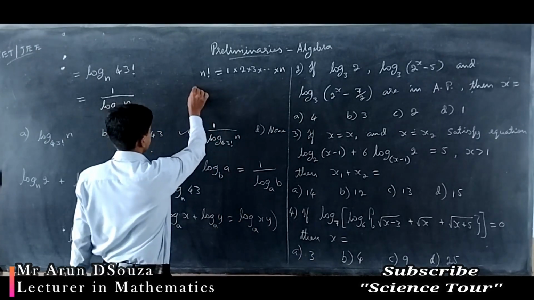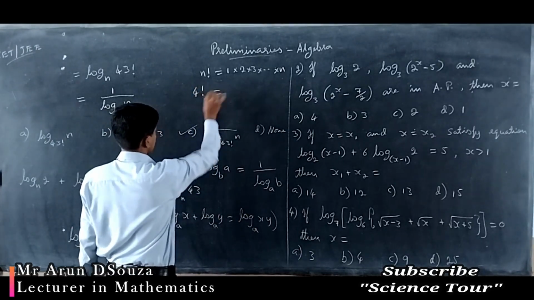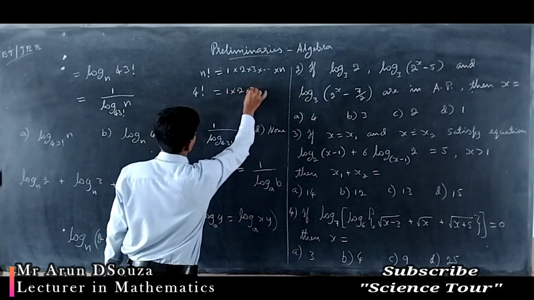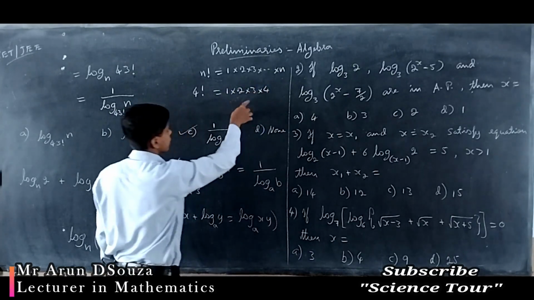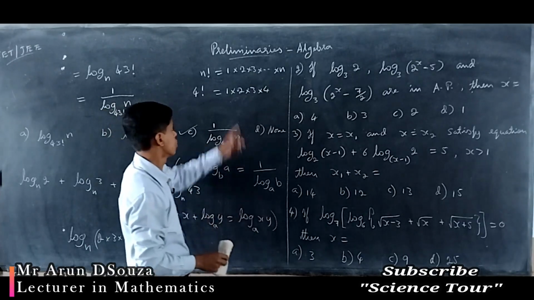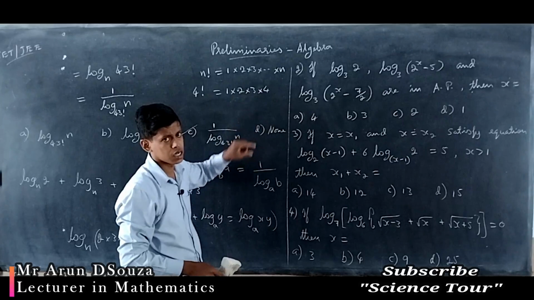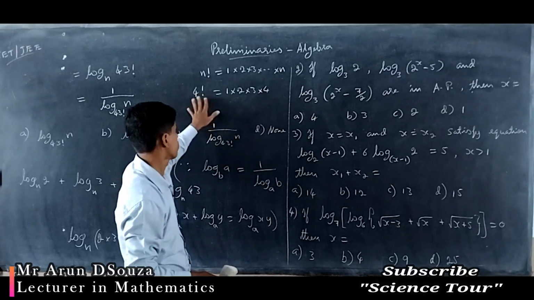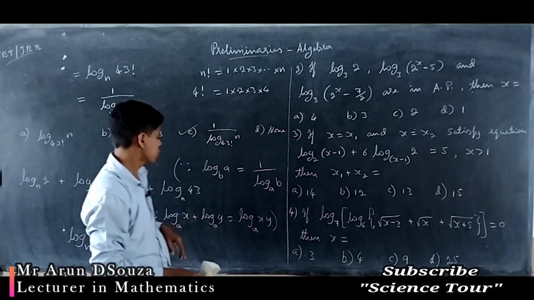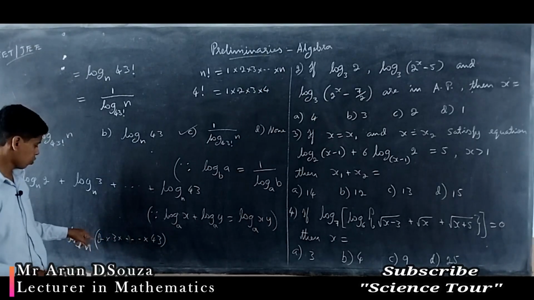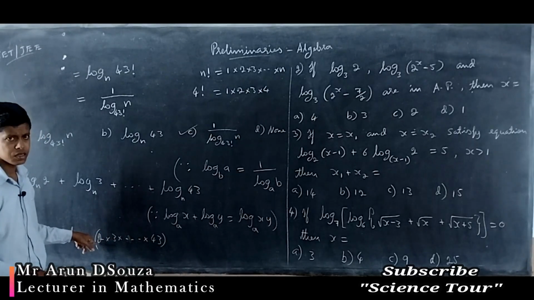Now, if you have 4 factorial, how do you write it? That will be the product of first 4 natural numbers, 1 into 2 into 3 into 4. So 1 into 2 is 2, 2 into 3 is 6, 6 into 4 is 24. So 4 factorial is 24. You can write into 1 also, but it doesn't matter.